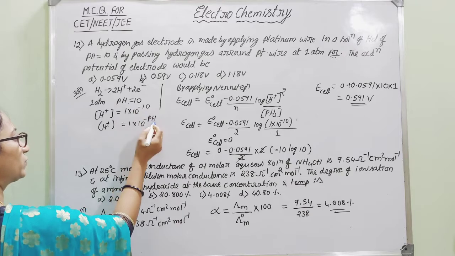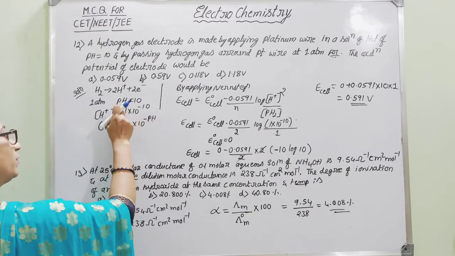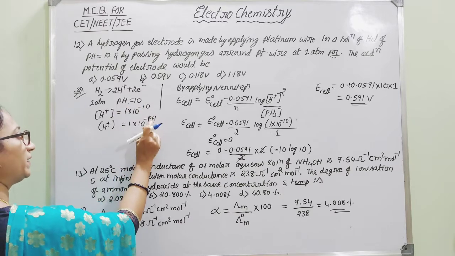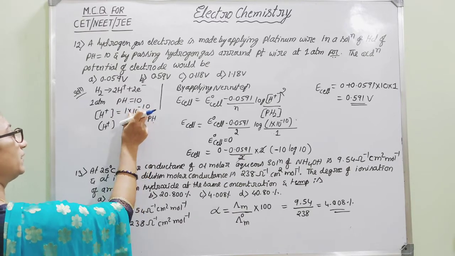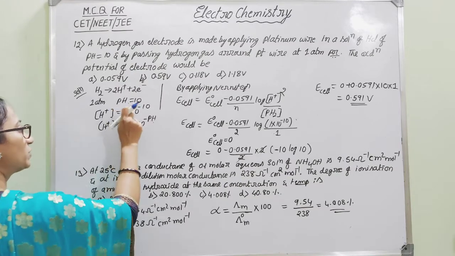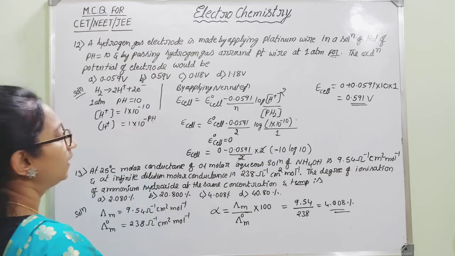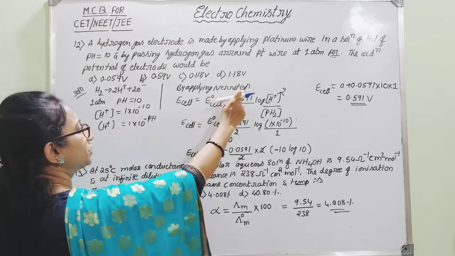If they have given pH value, you directly write 1 into 10 power minus, then whatever pH value they have mentioned, you write it as power. Then you will get the concentration of H plus. Now we can apply Nernst equation here.